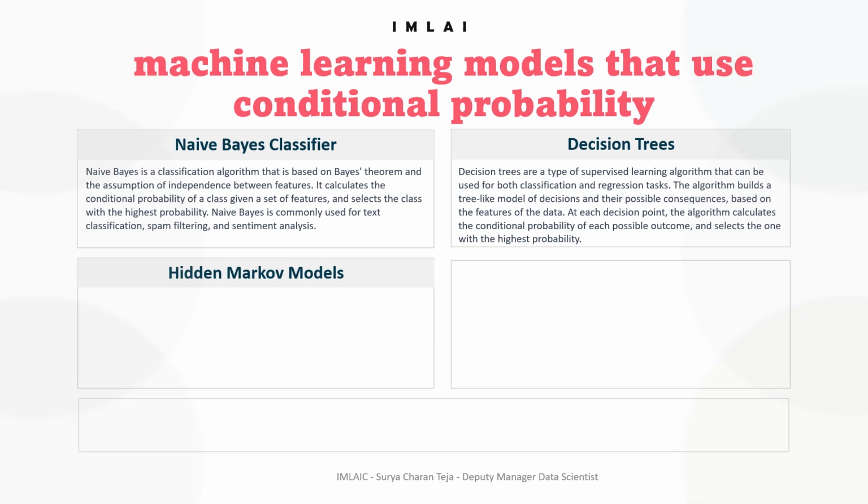Then it's hidden Markov models, which we call HMMs. These are statistical models that use conditional probabilities to model a system with unobserved states.